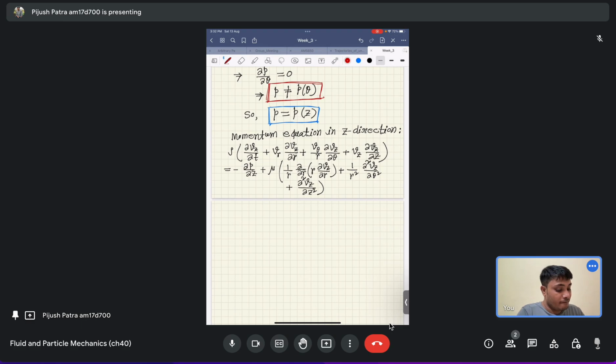Now again here you check, Vz is not a function of t, Vr equals 0, Vθ equals 0, and Vz is not a function of z. That's why ∂Vz/∂z equals 0.